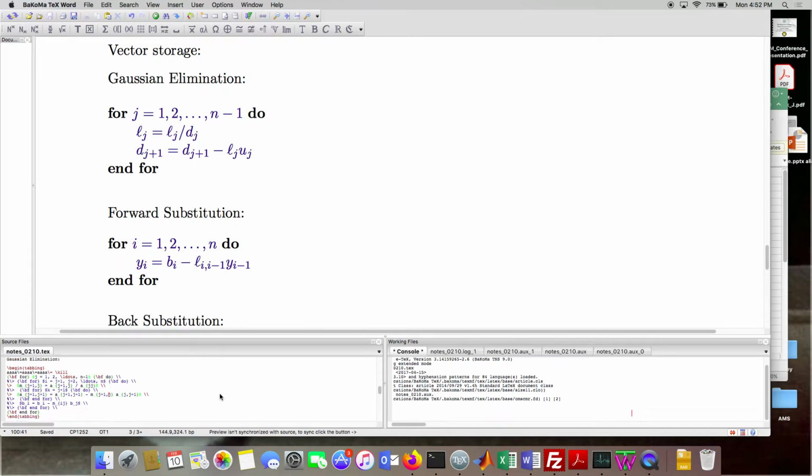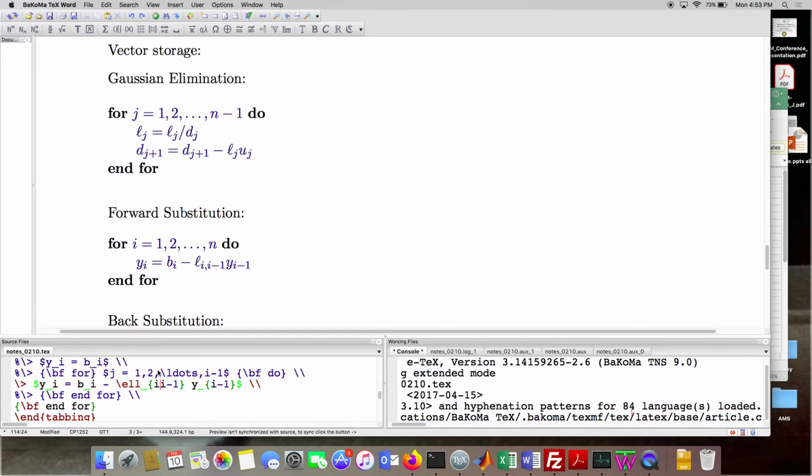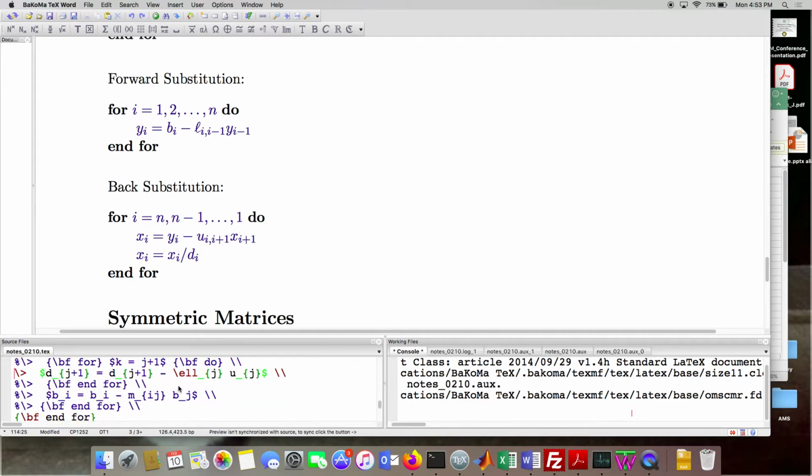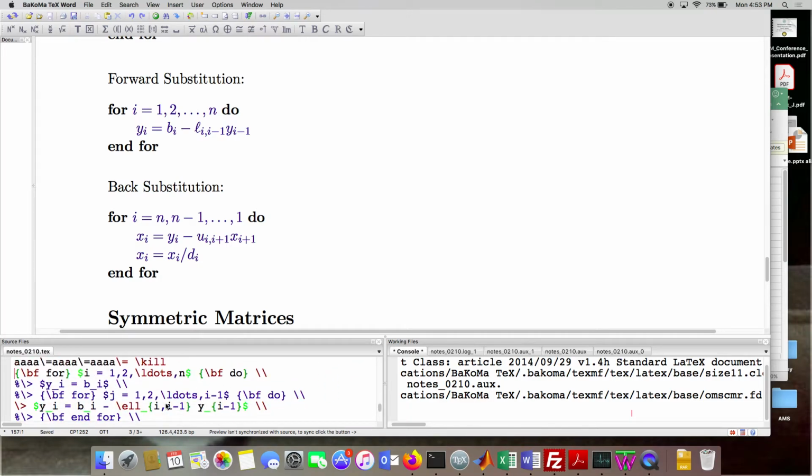Okay, forward substitution, again with vector storage. So I'm just going to use the column index here. I changed the wrong thing again. Sorry.